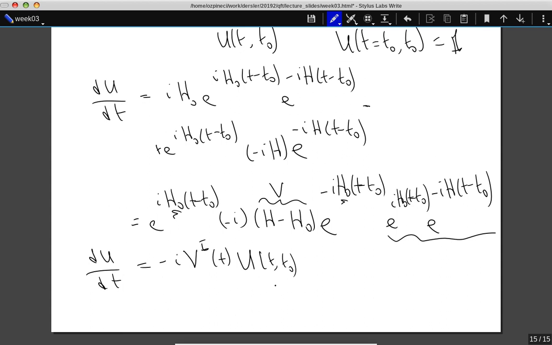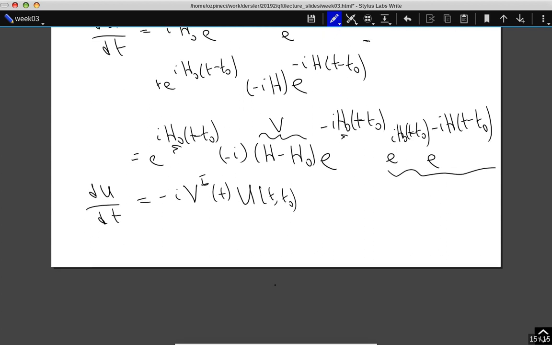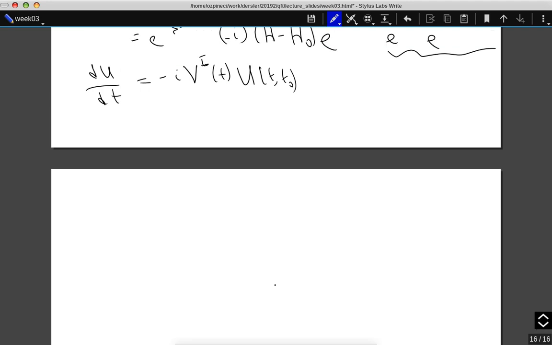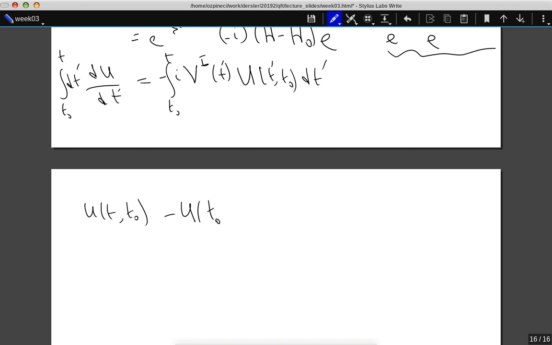Okay, nice. So how do we solve this equation? Well, I can just convert that differential equation into an integral equation. Just integrate both sides, with a t prime, from t0 up to a final time t. The left-hand side is u(t, t0) minus u(t0, t0).